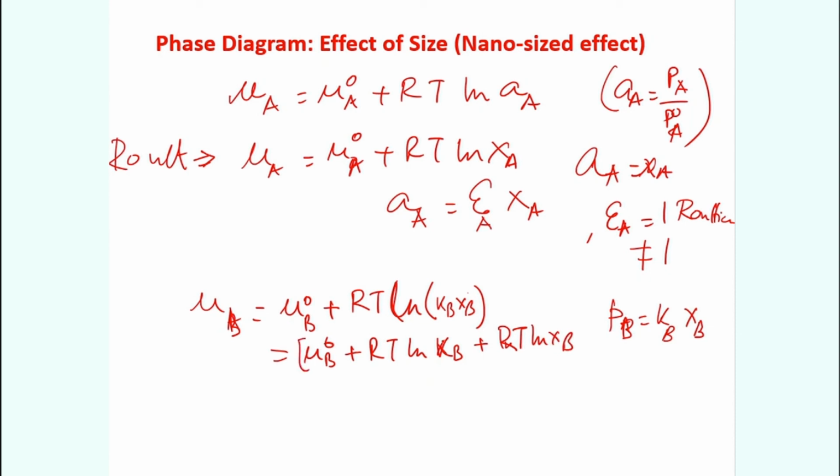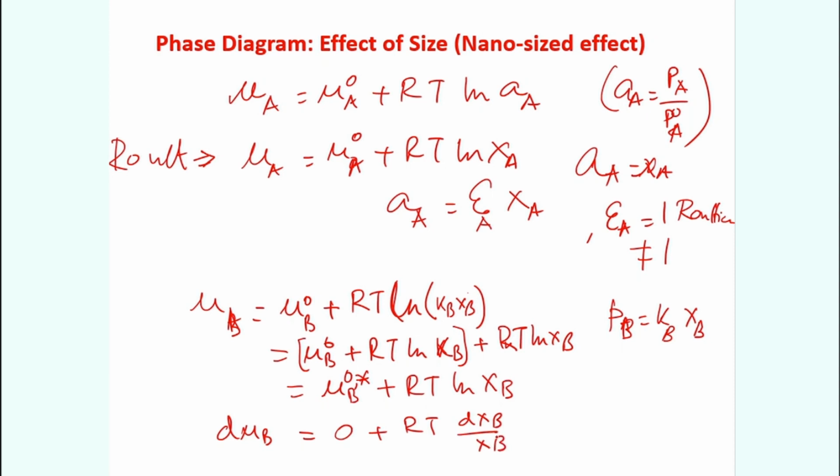So, these can be added together because Kb is a constant, that is Henry's constant. So, that is why it can be written as mu 0 star, right. So, what is d mu b? This is a constant, so this becomes 0, plus RT dXb by Xb, got it. So, this is what it is.